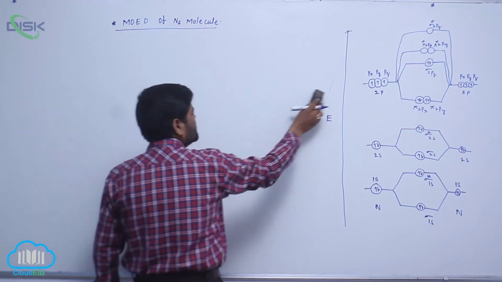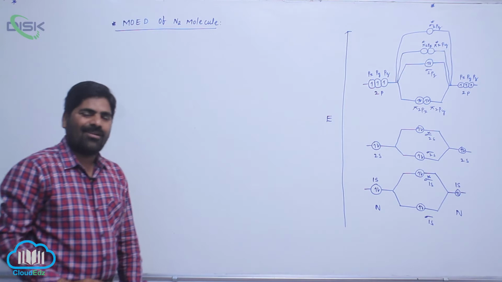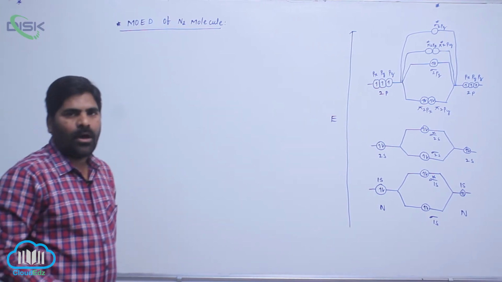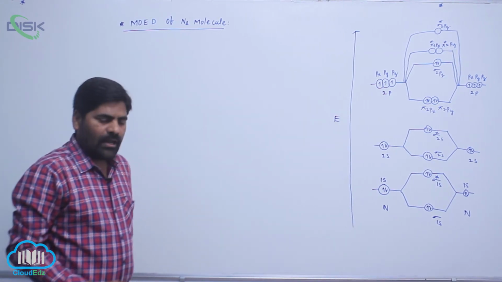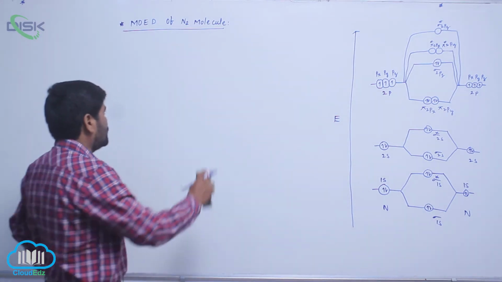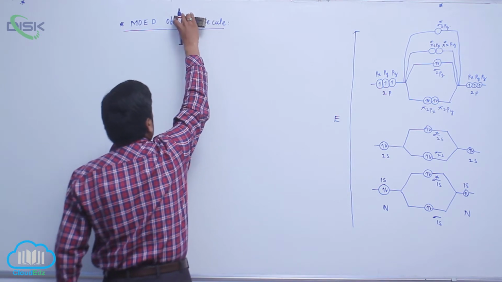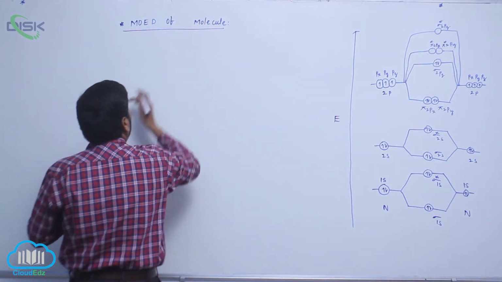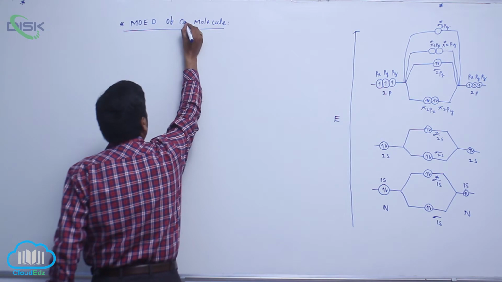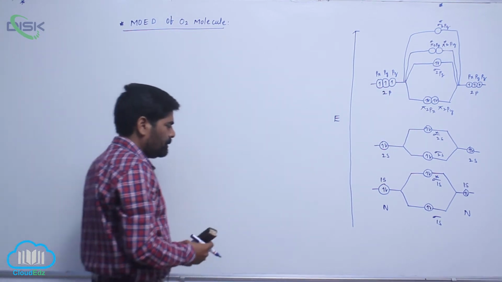So I will discuss some other examples greater than 14 electron systems like N2 molecule, like O2 molecule, O2 plus, so like that. So the next one, above 14 electron system containing molecule, is O2 molecule.